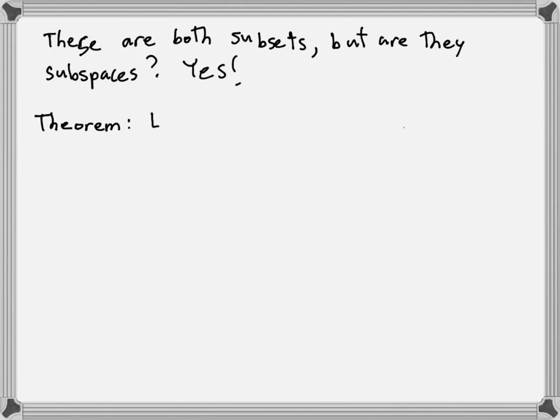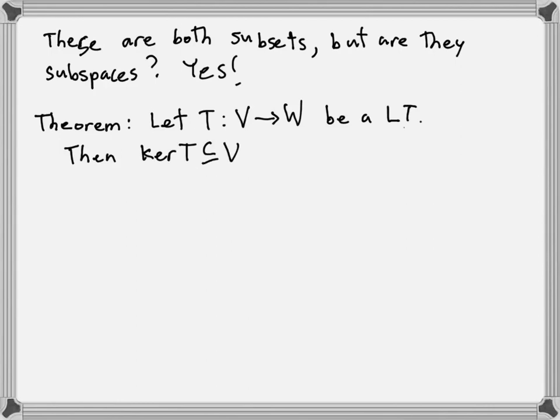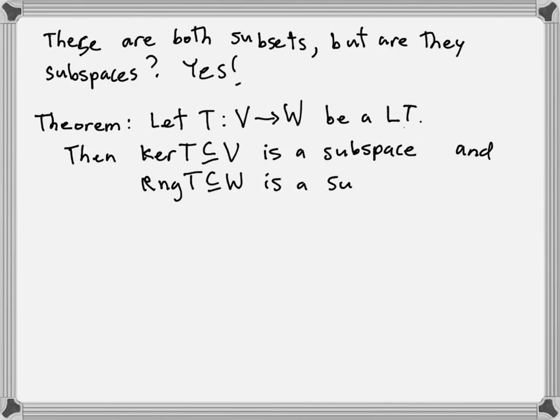So let's write this as a theorem so we have a nice statement to look at. Let T, which maps from V to W, be a linear transformation. Then the kernel of T is a subspace of V, and the range of T is a subspace of W. Remember, this is a stronger statement than just saying they're subsets.